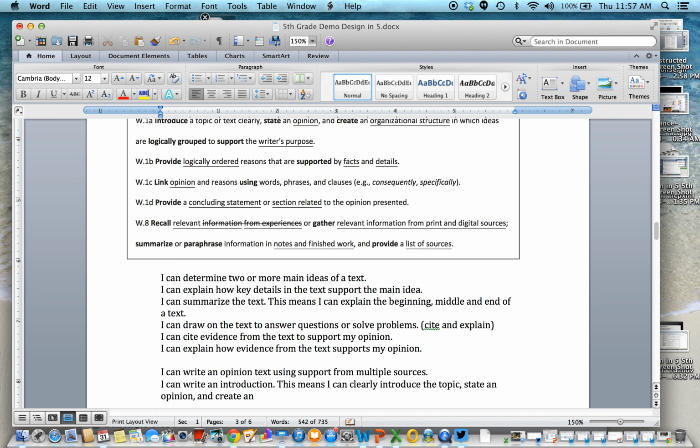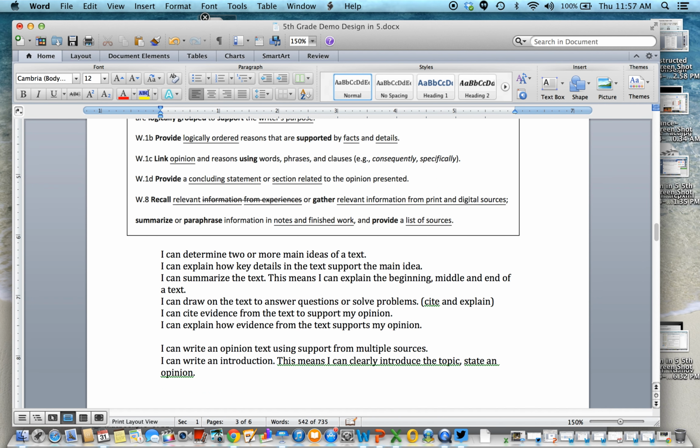I'm going to have this organizational structure separately, I think. So let's do this.